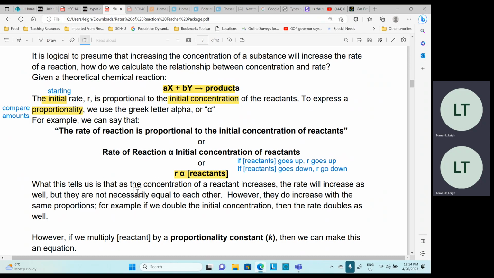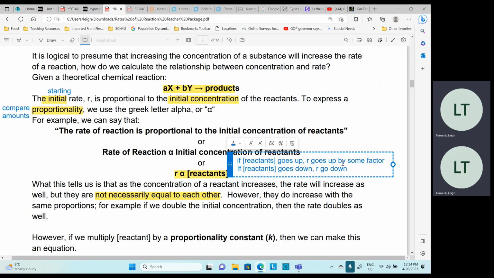So what this tells us is that as the concentration of reactant increases, the rate will increase as well, but they are not necessarily equal to each other. So we can't use the equal sign, right? So it will go up by some factor. Maybe it'll go up by a factor of 2.